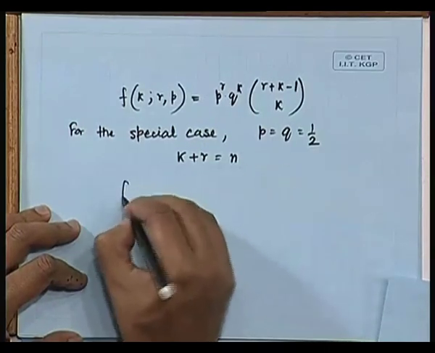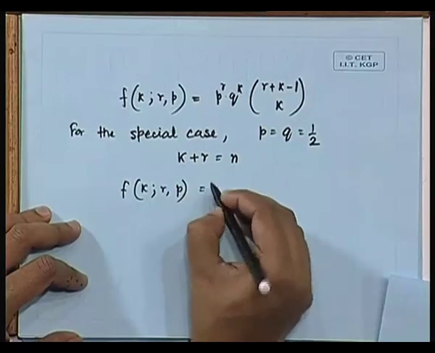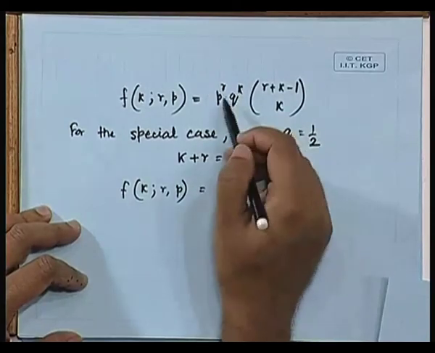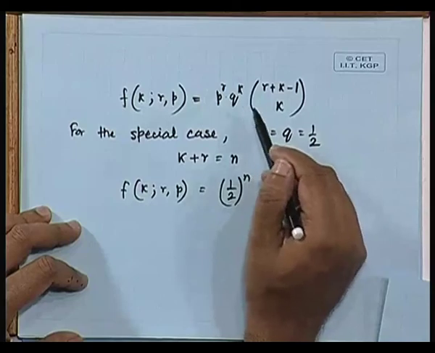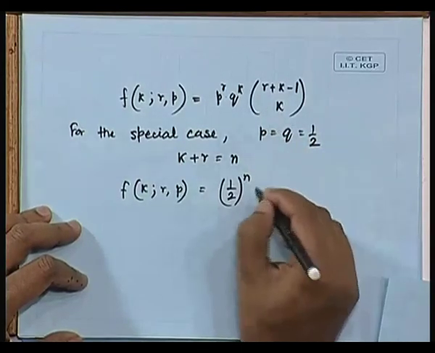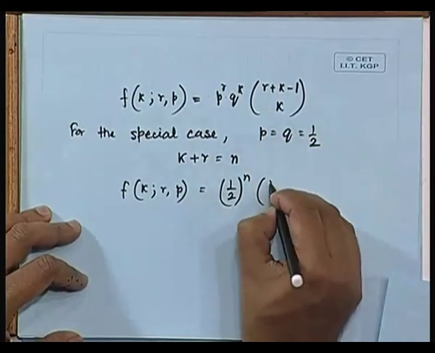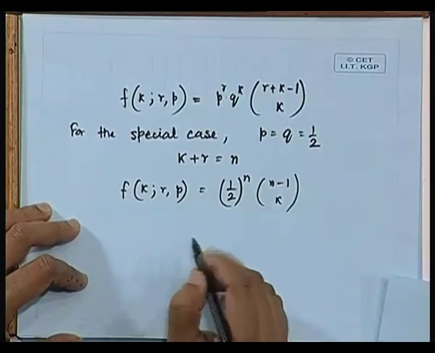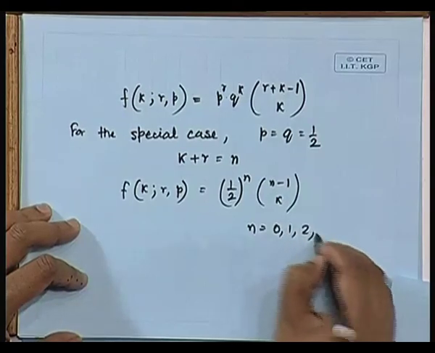Then f of k, r comma p is equal to half to the power n, because p and q are both half, so it is half to the power r plus k, and r plus k is equal to n. Because r plus k is equal to n, we get the combination n minus 1 choose k. And we do this for n equal to 0, 1, 2, and so on.